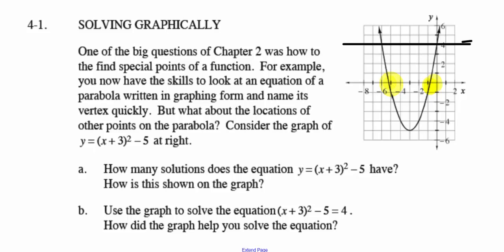Hopefully when you look at this, you can tell it intersects at 0 and, what is that, negative 6. I'm sorry, the x value is 0 and the other x value is negative 6 where it crosses. So that would be our 2 solutions.